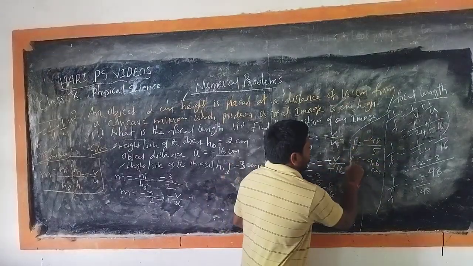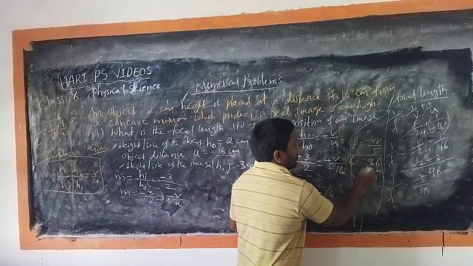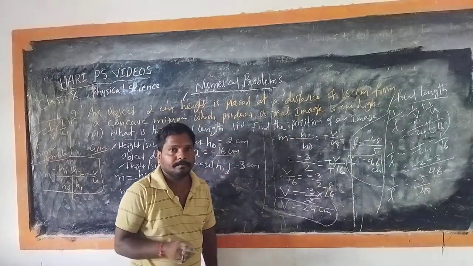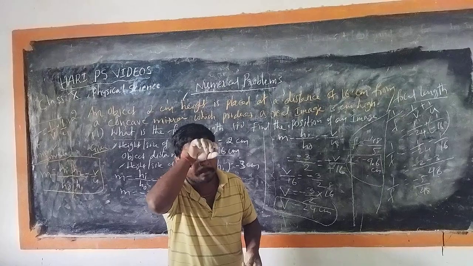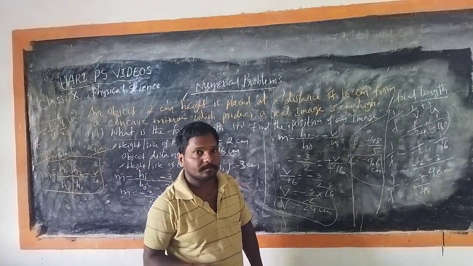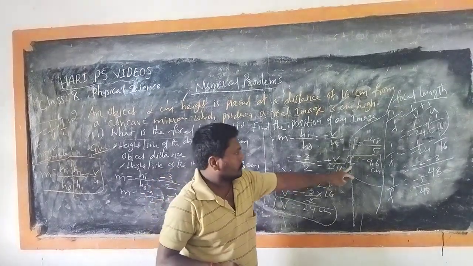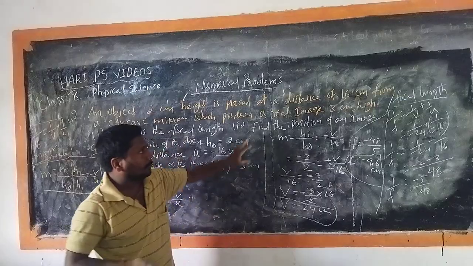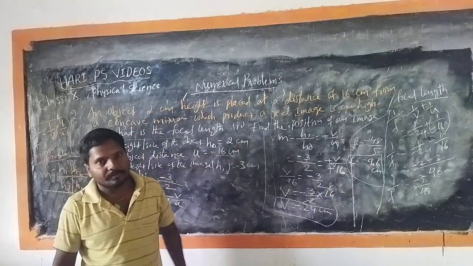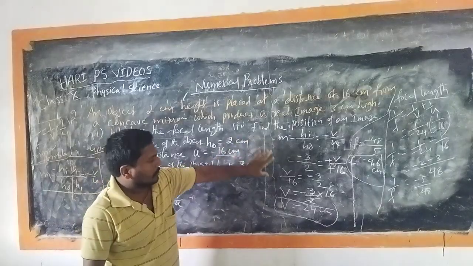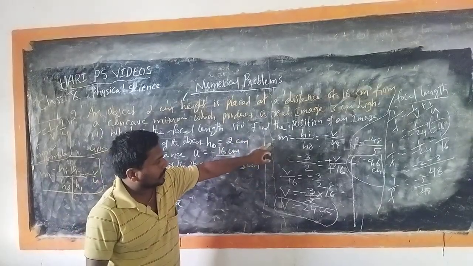So focal length is minus 9.6 centimeters. In this way we have to find the position of the image and the focal length. So what is the magnification?